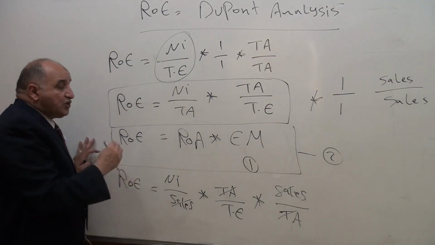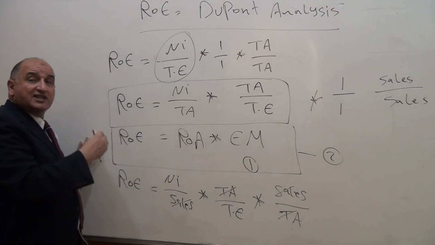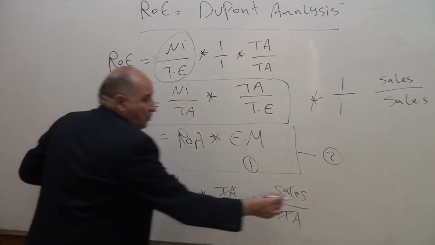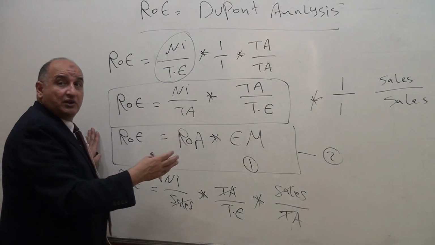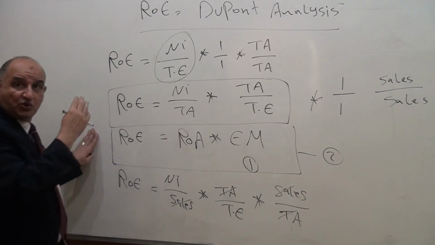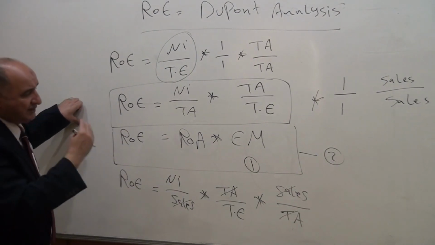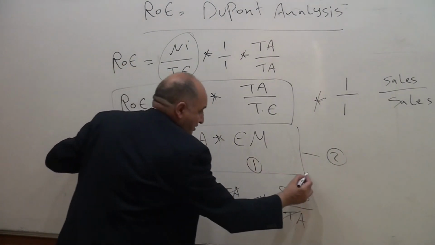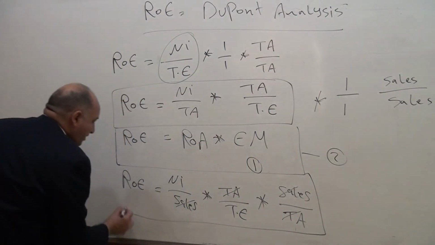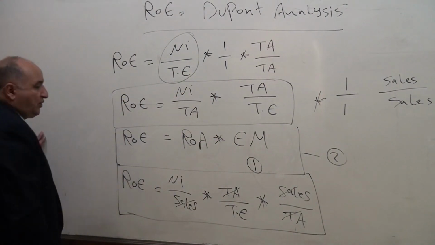You can add as much as you can. You can multiply fixed assets divided by fixed assets and continue. So you can add whatever you want to calculate its contribution to return on equity.